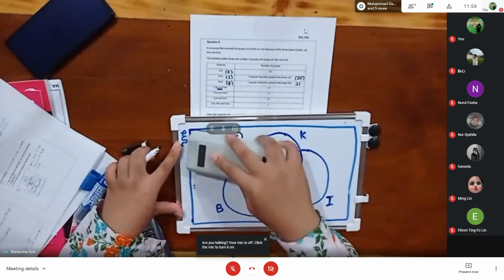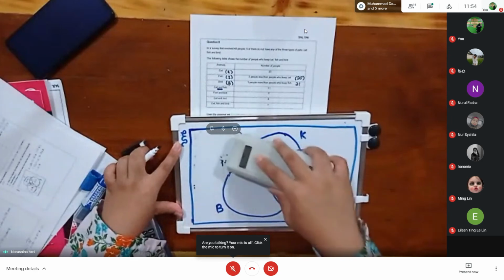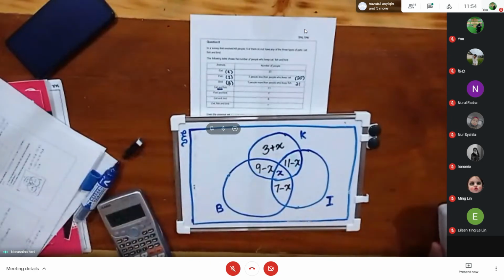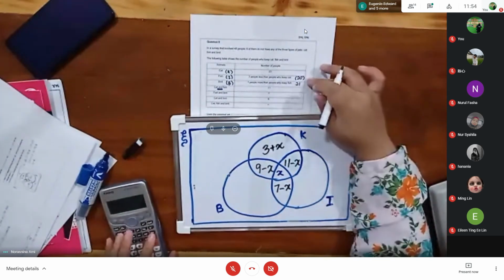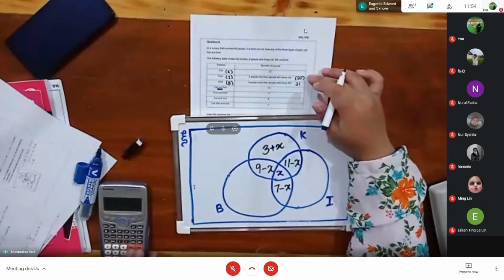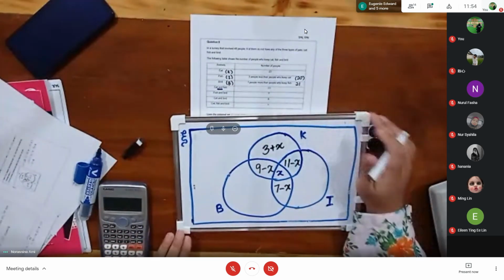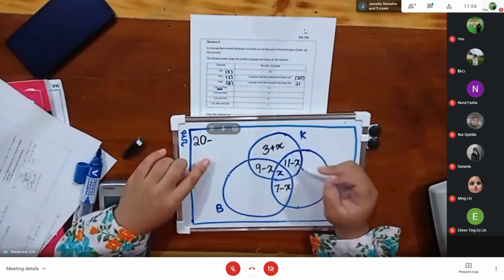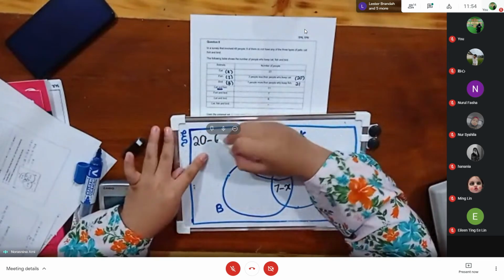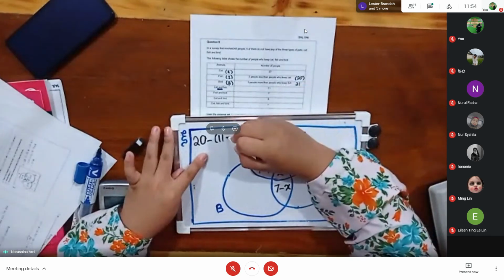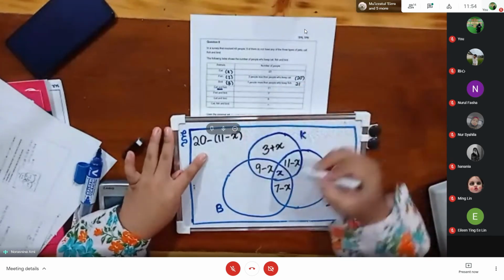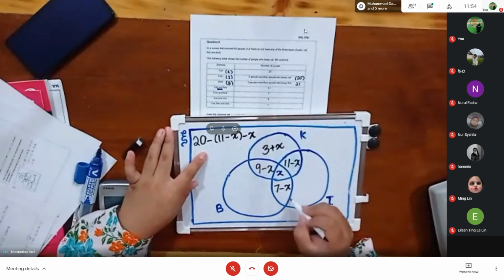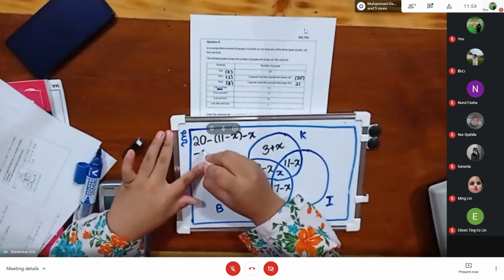Now same goes with the calculation to determine the number of people who like fish only. There are 20 people who like fish, so 20 minus this intersection part. Put bracket 11 minus X, then we minus again X, minus this intersection part too.